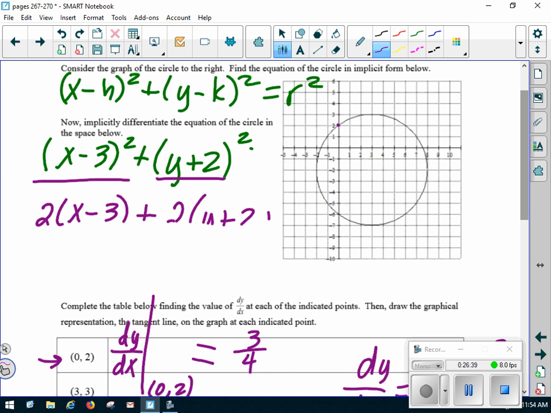And we're going to draw the tangent line through that point, but the slope is 3/4. So up 3, right 4, or down 3, left 4. There's your tangent line. Questions?